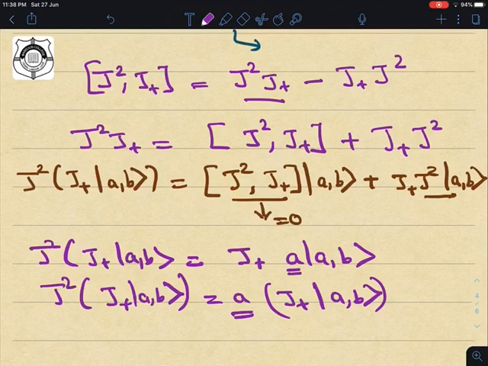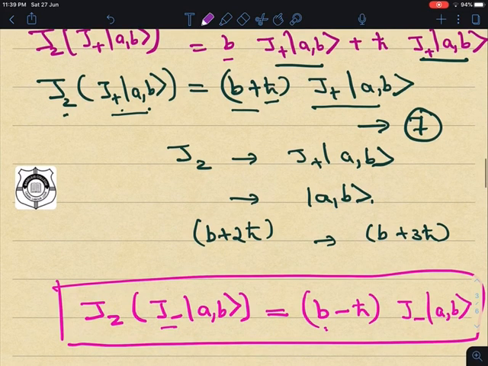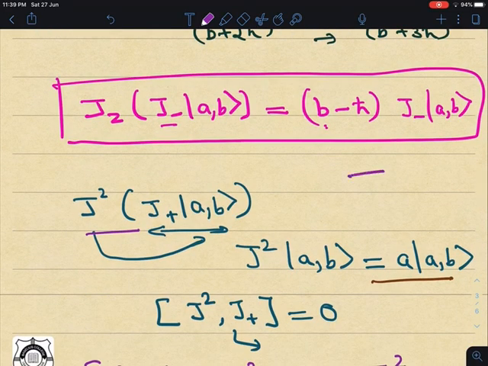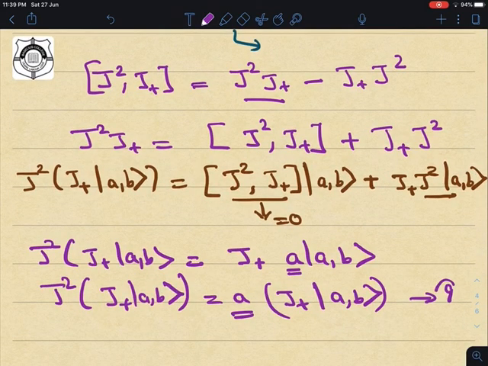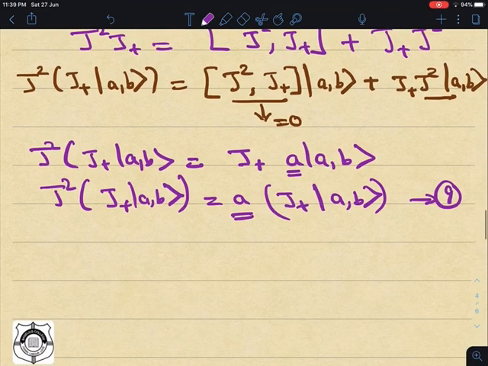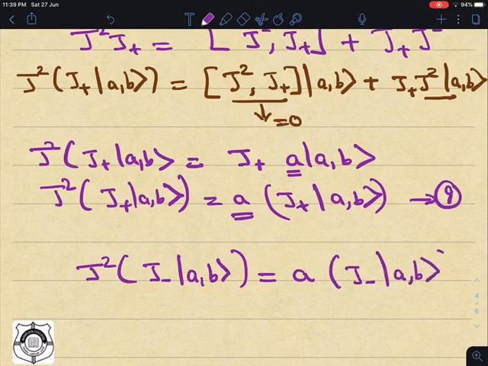Here we'll put some equation numbers: this is the 7th equation, this is the 8th equation, and this is the 9th equation. You can also try proving that J square acting on J minus ket ab is equal to a times J minus ket ab, where a itself is retained. This is the 10th equation.